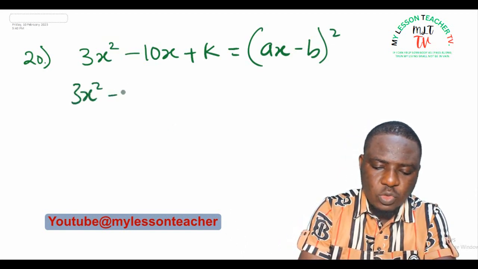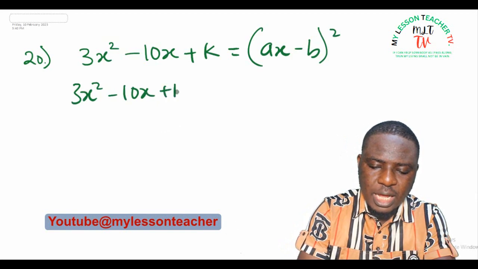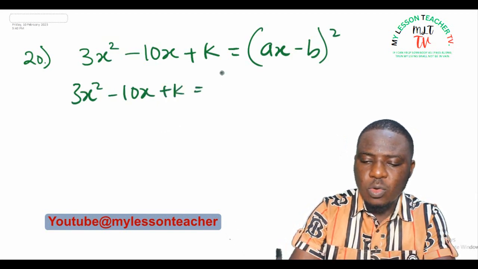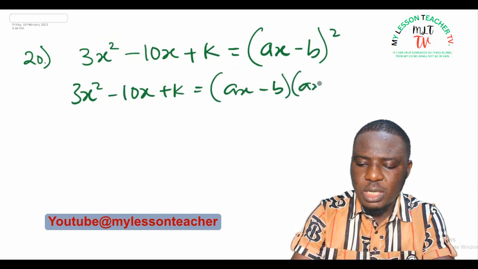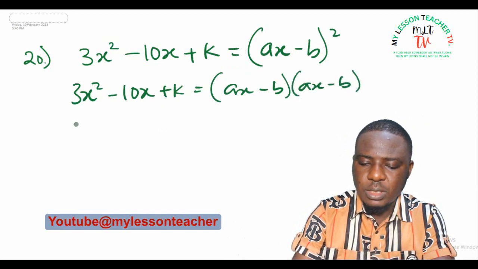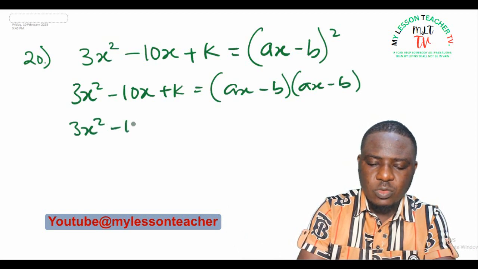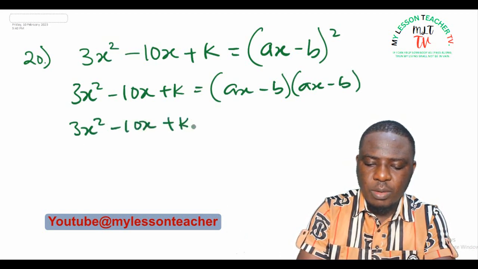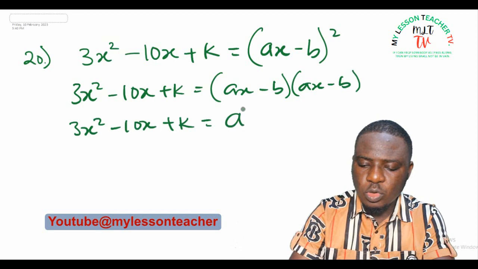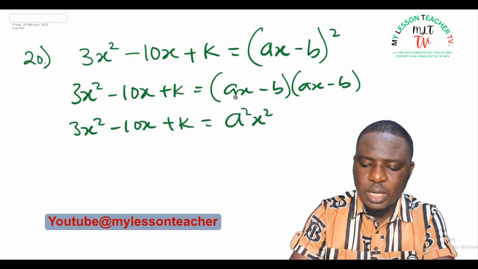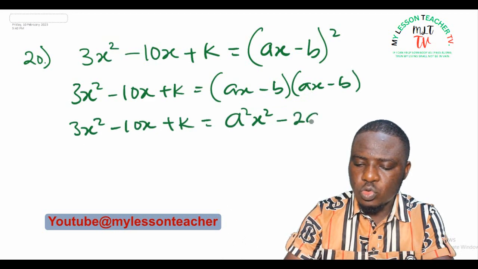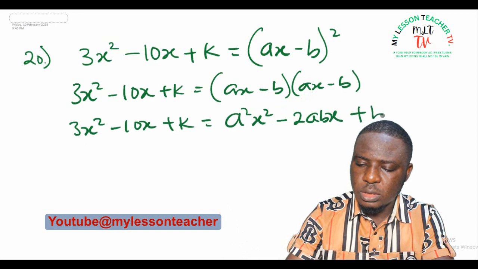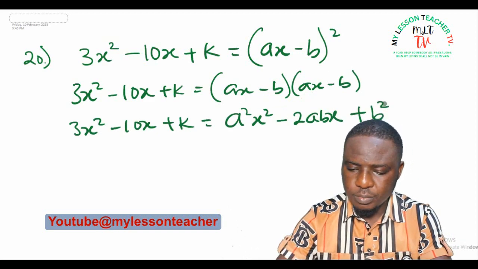This becomes 3x squared minus 10x plus k to be equal to ax minus b times ax minus b. This is 3x squared minus 10x plus k to be equal to a squared x squared when you multiply ax by ax, then minus 2abx plus b squared.